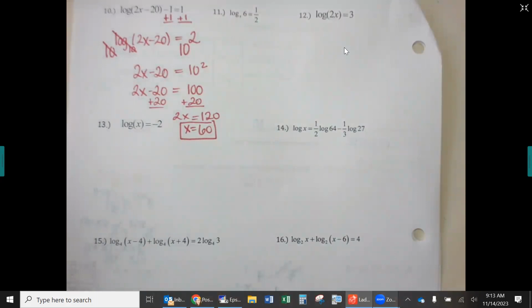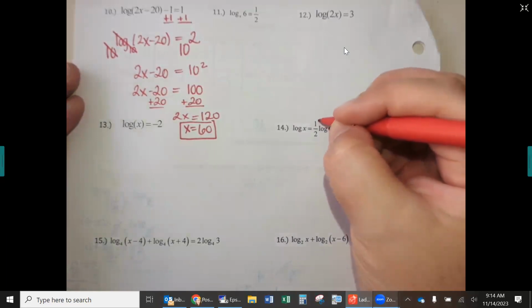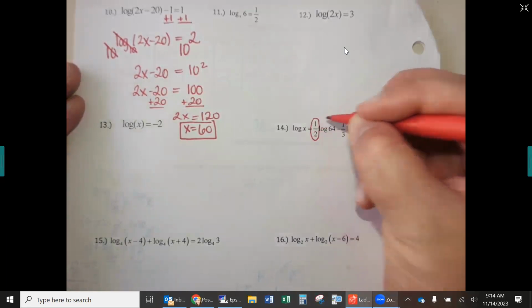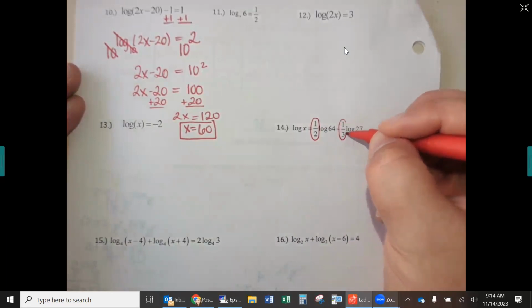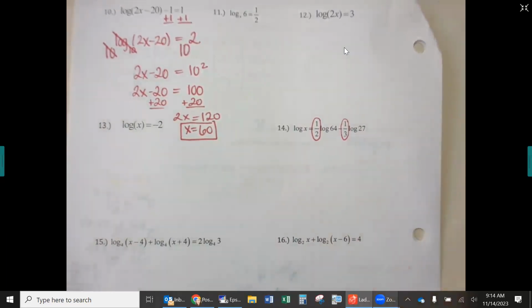Let's do number 14. Okay, number 14, what you should notice is that you have logs and you have them kind of all over the place. So the first thing I want to do is get rid of the numbers in front of the logs. What do I do with a number in front of a log? Do you remember? What can happen to a number in the front of a log? Can we move it?